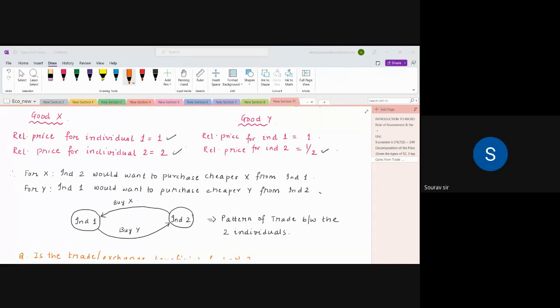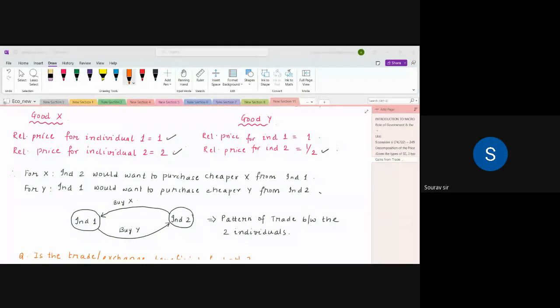So there individual 1 is gaining the benefits, and in good Y, individual 1 is buying and individual 2 is having the benefit from individual 1, right? Okay, yeah. So for both of the goods, both of them are benefited.